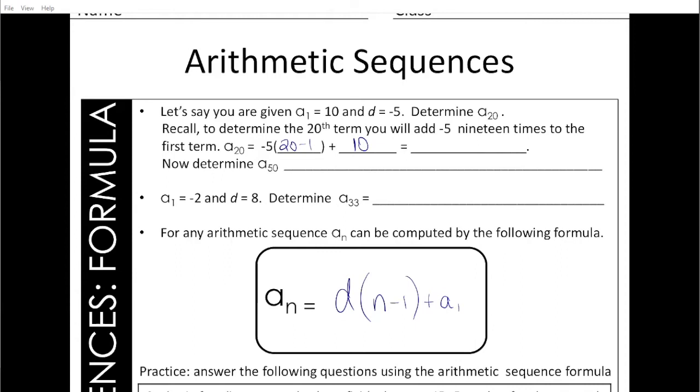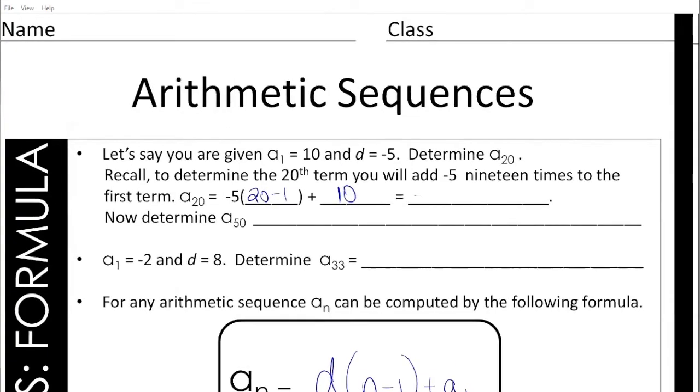So we get -5 times 19. Remember PEMDAS, this inside our parentheses takes place before that multiplication happens. Plus 10. -5 times 19 is -95. And -95 plus 10 is -85.